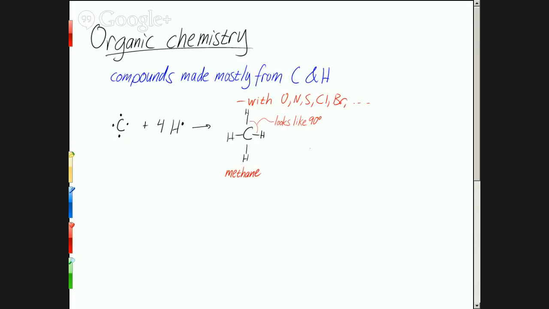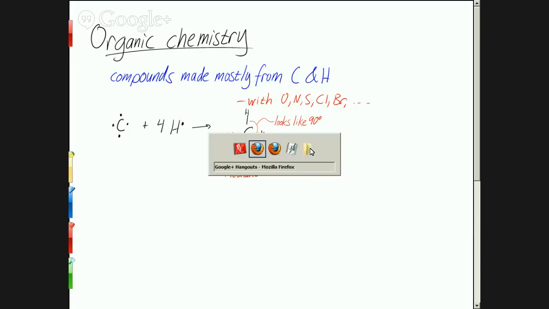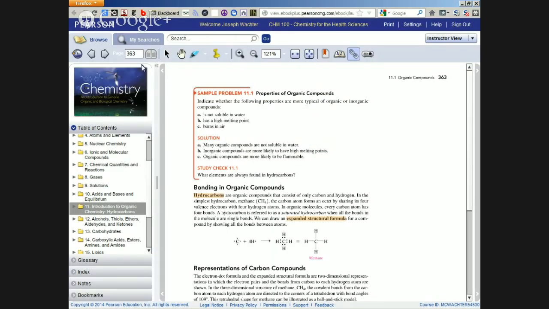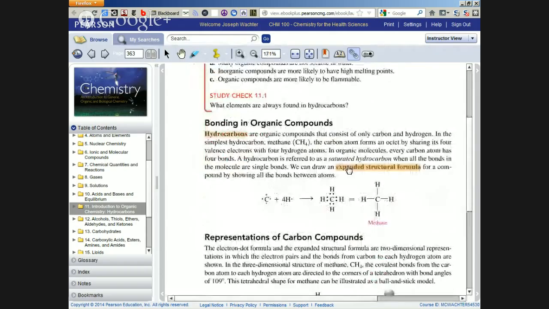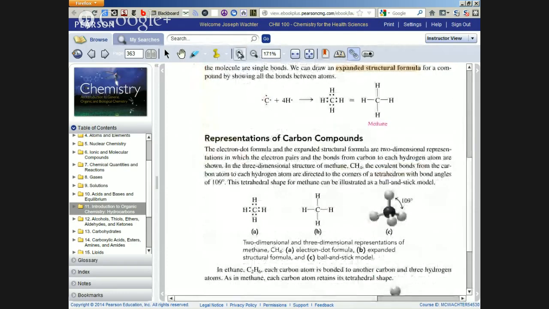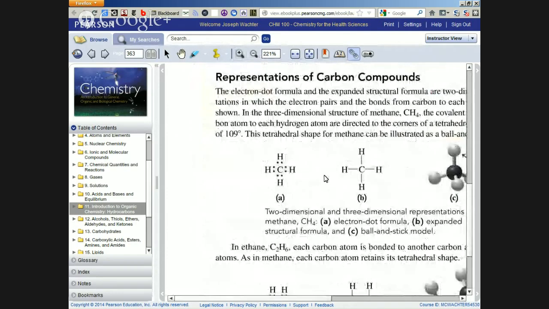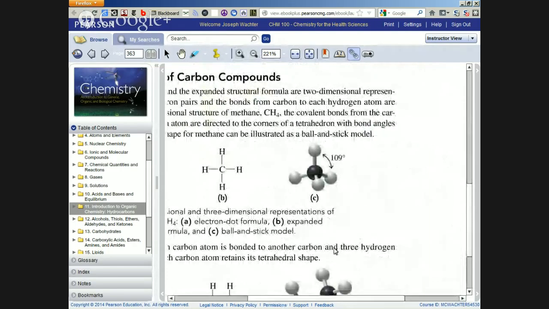Let me see if I can find a good picture of that before we try to draw it, so we know what we're talking about here. So what it actually looks like, I'm going to pull this picture out, and then we'll show how we draw it in 2 dimensions.